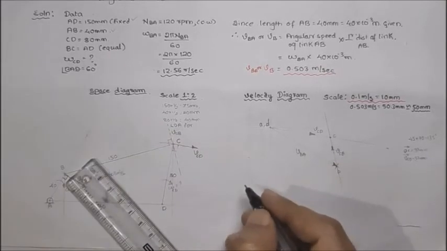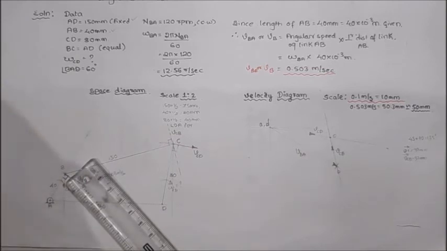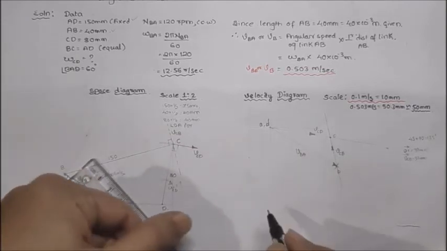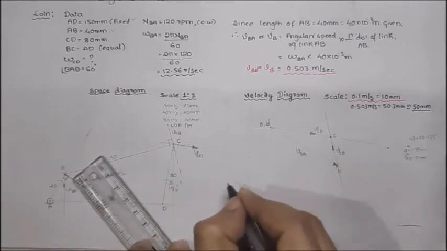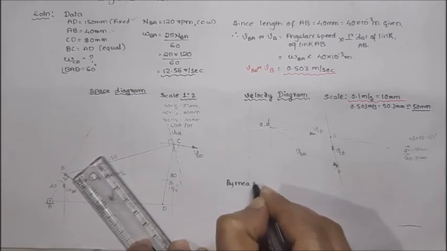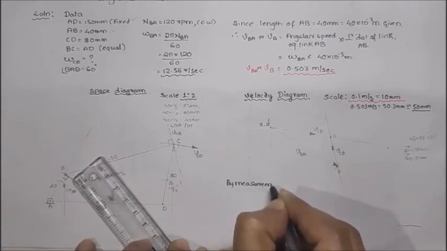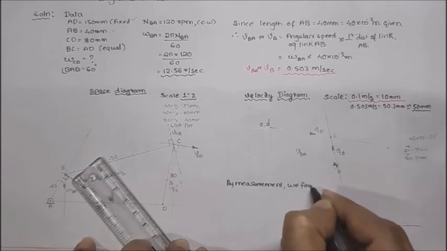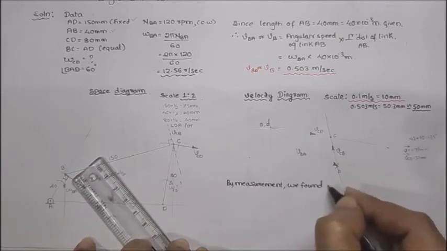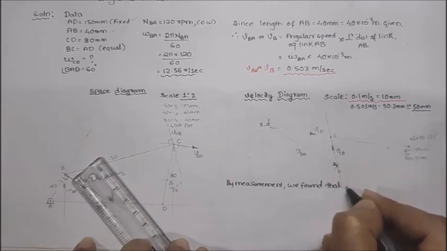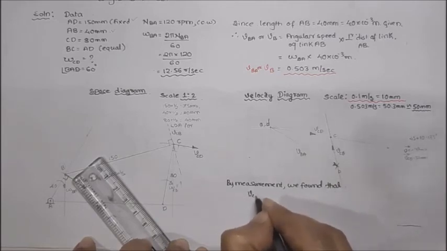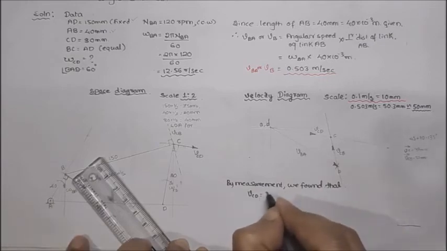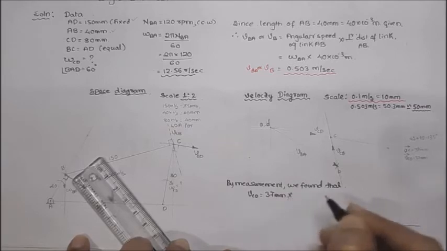By measurement, we found that velocity CD equal to 37 mm into scale.